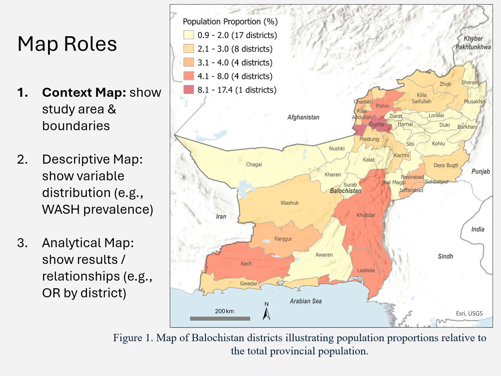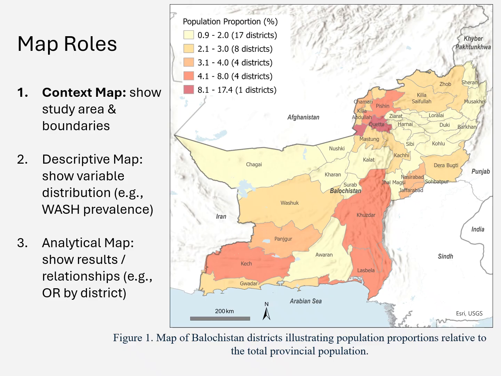It shows some information; in this case, we are using the population proportions. You can see up to 2% in 17 districts, so 17 districts have not more than 2% of the total population of Balochistan. There is only one district in the highest category, 8.1 to 17.4, meaning 17.4% of the total population of Balochistan lives in Quetta, which you can see on the map.